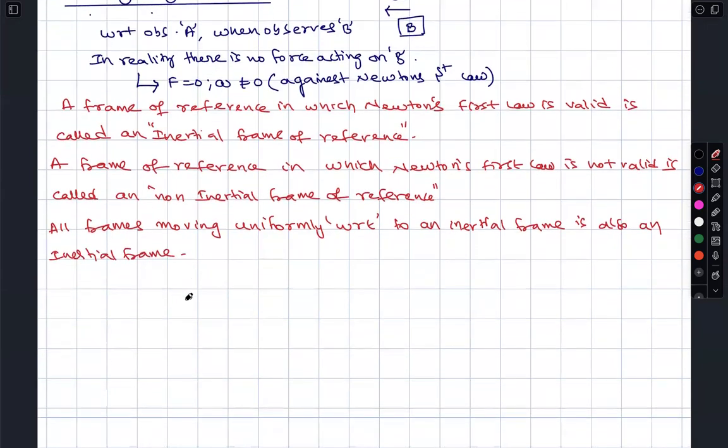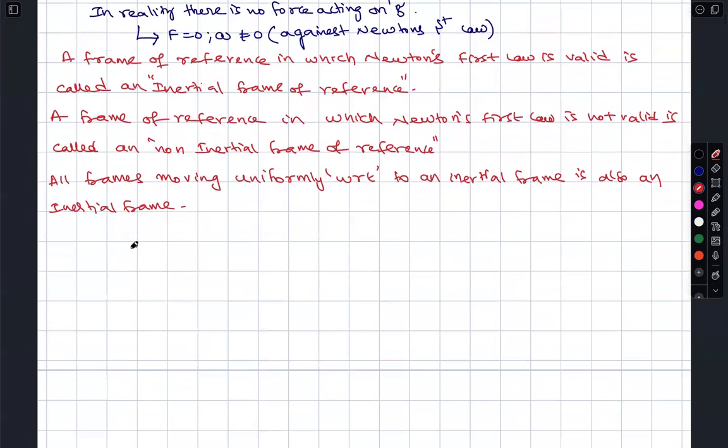Right. I'll try to explain the same. For example, you consider the same arrangement. This is a container moving with constant velocity.